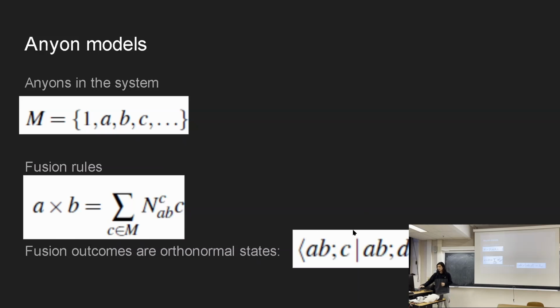Here you have the inner product of the outcome of fusing A and B into C, and the outcome of fusing A and B into D. This is the Kronecker delta, so it's 1 if C and D are the same, and 0 if they're different, I believe. So it forms an orthonormal basis, and this allows us to encode quantum information. This basis forms what's called the fusion space. All the different possible outcomes of fusion make up the fusion space.